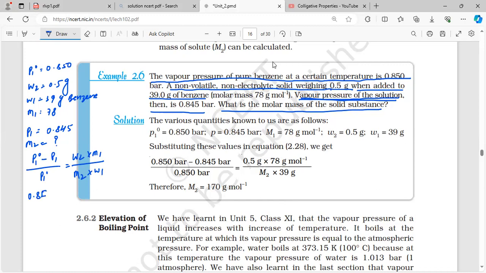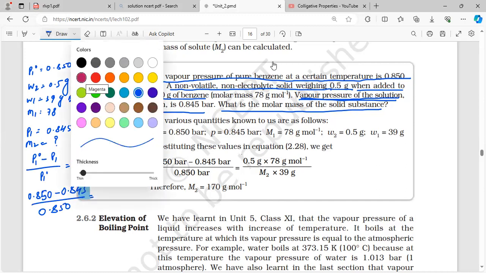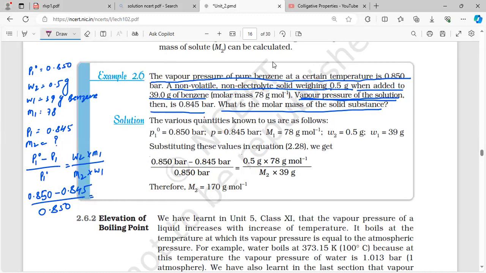0.850 minus 0.845, divided by 0.850, is equal to what we can write here: W2 is 0.5.